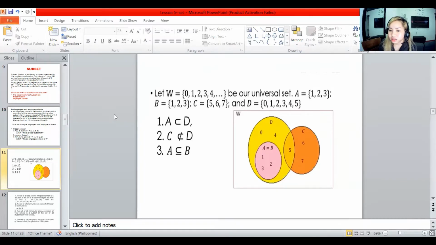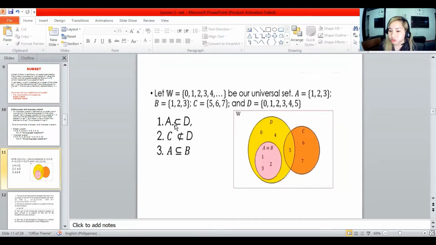So, ayan. Let's check muna. Number 1, A is, anong basa dito? A is a proper subset of D. Sabi natin sa proper subset, kapag po lahat ng elements ni A is present sa elements ni D, pero may mga elements si D na wala kay A. Yun po yung proper subset.